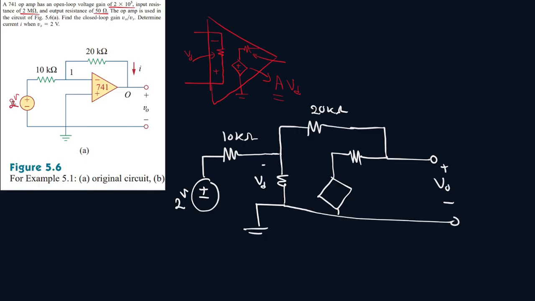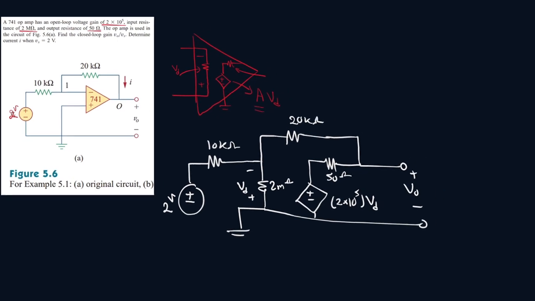VD is here, and the resistance at VD will be the input resistance, which is 2 mega ohms, which is pretty much 2 million ohms, okay? Then we have A VD here, A being 2 times 10 to the power 5, times VD. Then here at this resistor is our output resistance, which is 50 ohms.